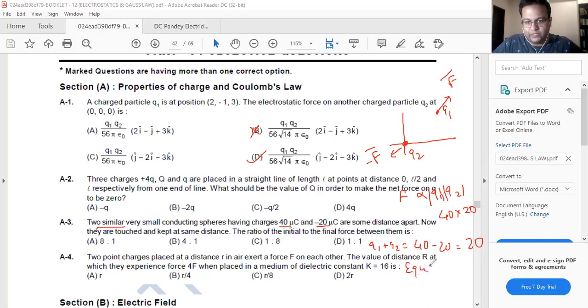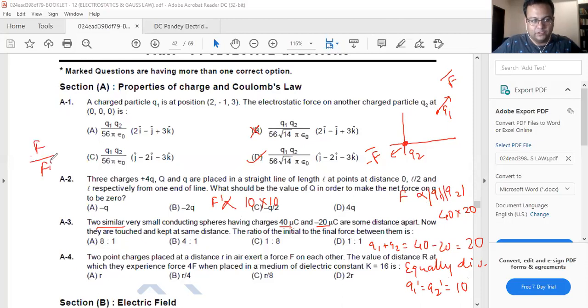Why will it get equally divided? Because they are identical bodies, okay? And so I can say that the charge Q1 dashed and Q2 dashed will now be 10 each. And so the new force F dash can be written as proportional to 10 into 10. Okay? So F by F dash is 800 by 100. देखो समझ में आया?